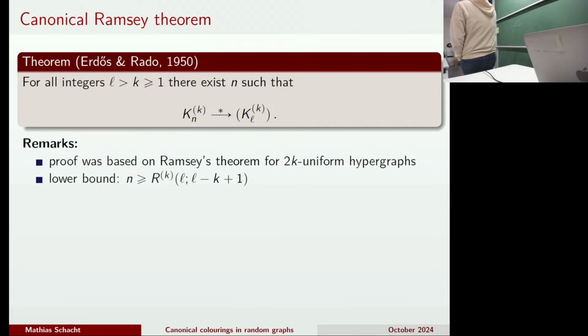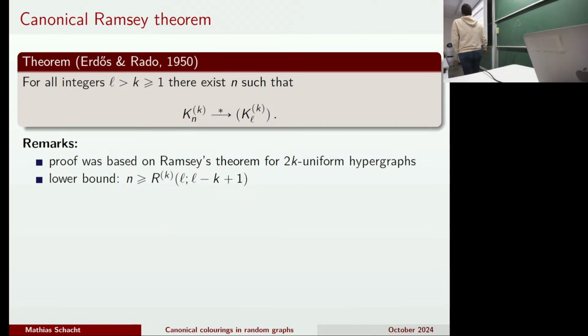Maybe a little bit about how Erdős and Rado proved it. So they used Ramsey's theorem. And for that, of course, you have to bring the number of colors down. The way they did it is they looked at sets of size 2k, and then they looked at the color pattern they found on these subsets. This is a finite number, it only depends on k and the number of colors you have.